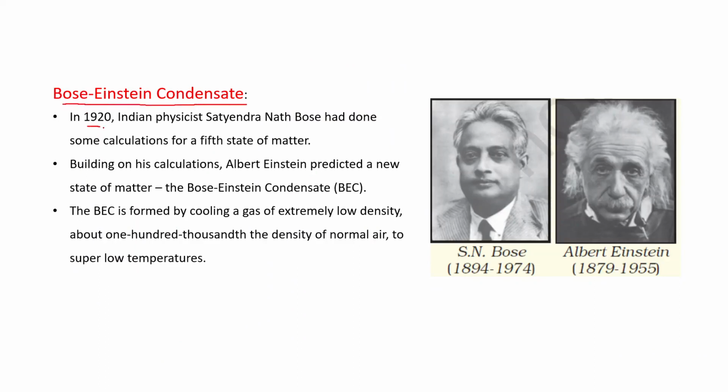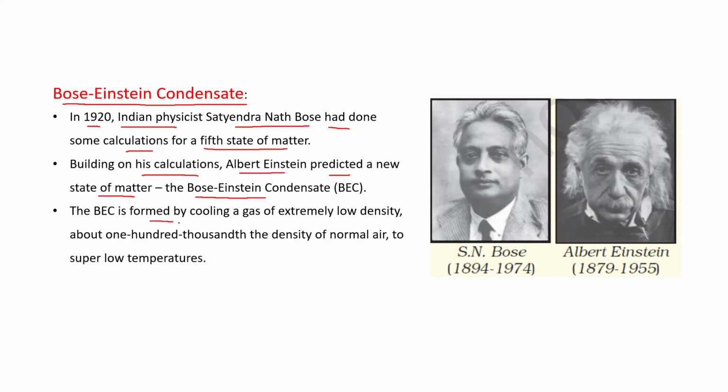In 1920, Indian physicist Satyendra Nath Bose had done some calculations for a fifth state of matter. Clear? Building on his calculations, Albert Einstein predicted a new state of matter, and that is known as Bose-Einstein condensate.